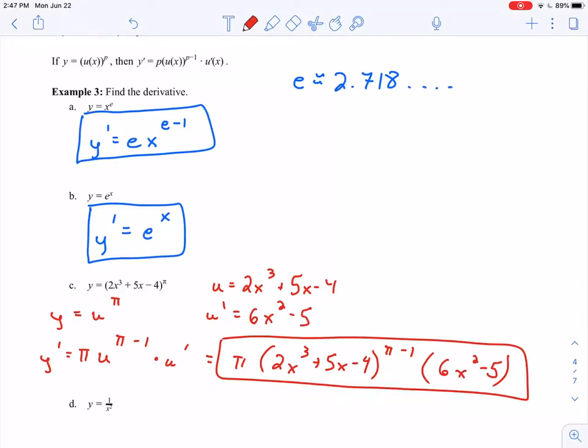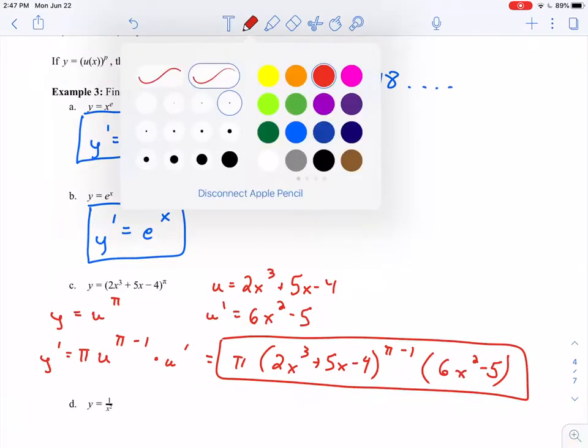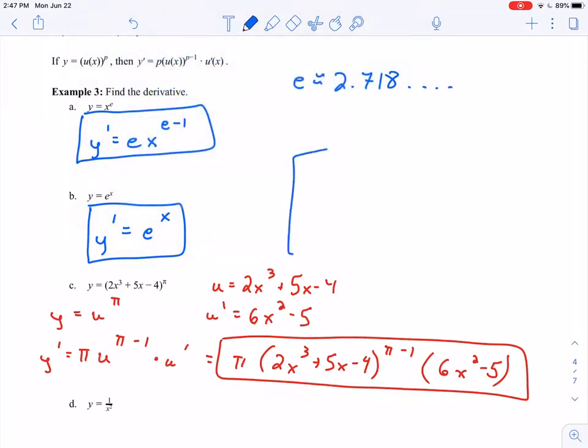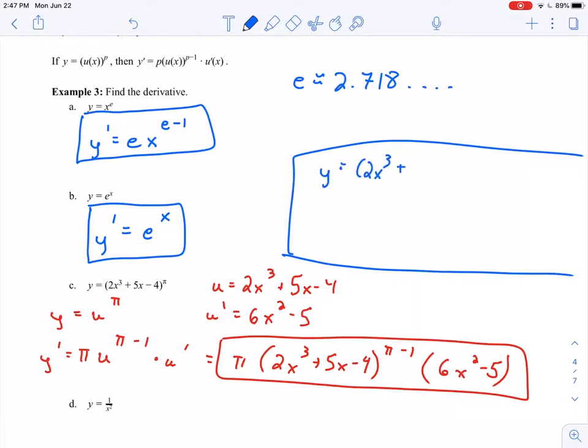And you can probably actually see pretty easily here that I'm going to get the same thing if I just use this formula. And so let me show using that formula that I'll get the same thing. So if I have y equals 2x cubed plus 5x minus 4 to the pi power, here is my u of x, that's my u. y prime, that's this part right here.